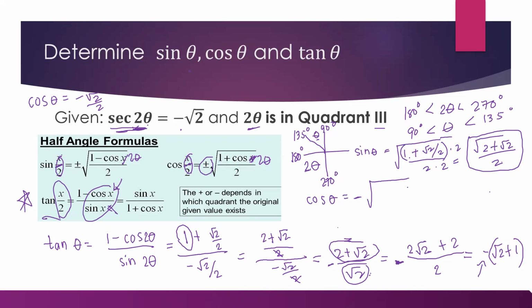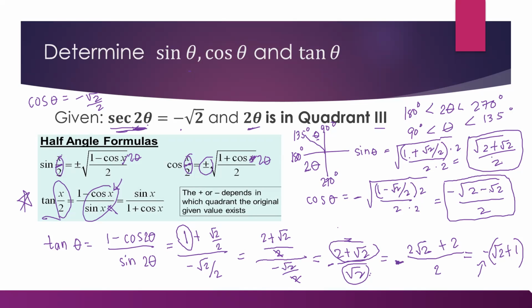Kaya lang, since negative yon, it will become minus. So 1 minus square root of 2 over 2 all over 2. So again, we multiply by 2 over 2, both numerator and denominator para mas madali. So distributive property, that would be negative square root of 2 minus square root of 2 all over 2. And that is our cosine theta.